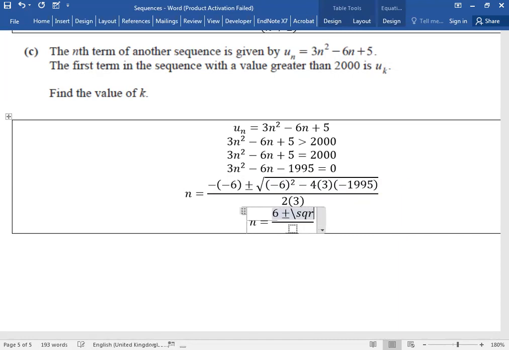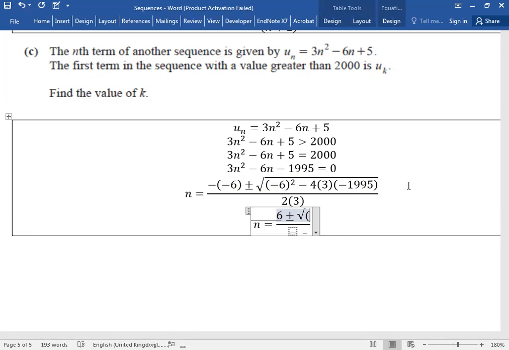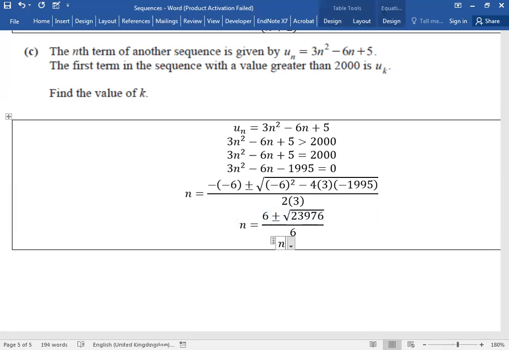What is the discriminant? अंडर रूट के अंदर क्या आता है? ब्रैकेट में -6 स्क्वायर करना और इस calculator will not give you the right answer. 2 3976 upon 6. Solve करके बताओ इनकी दो values क्या आ रही हैं.